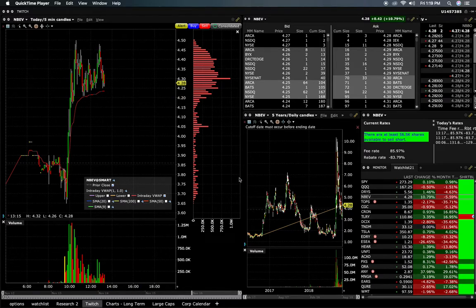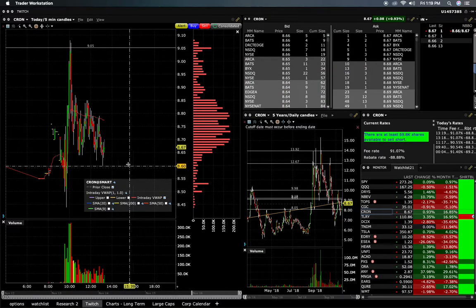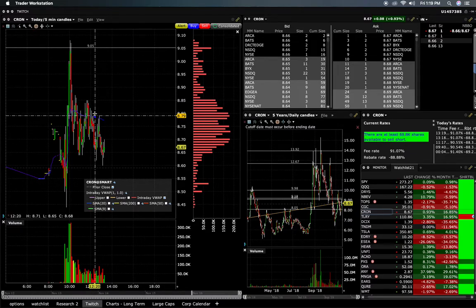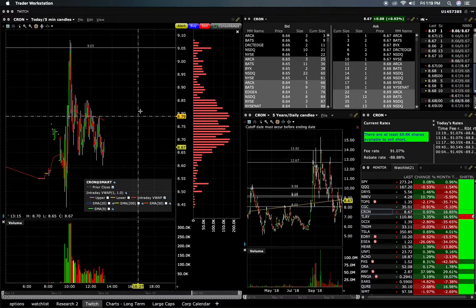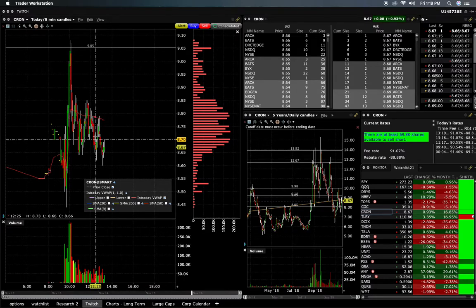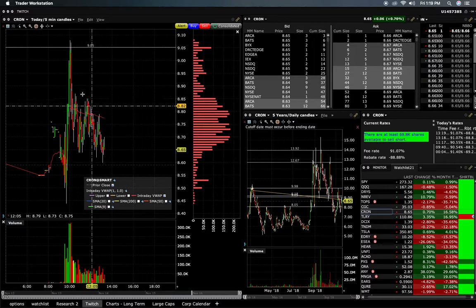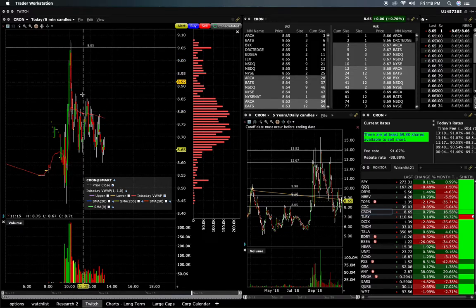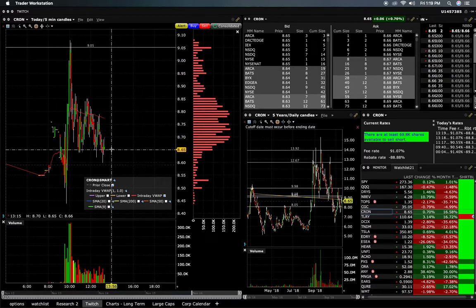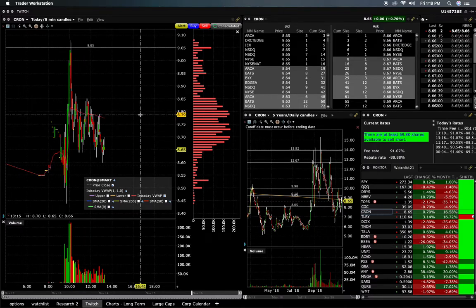If you go to a stock like CRON, I think it's trailing under. CRON is trailing under the volume weighted average price. So all these people that bought up here, there's a lot of buying up here, obviously, because the stock's been trading below the volume weighted average price basically all day.